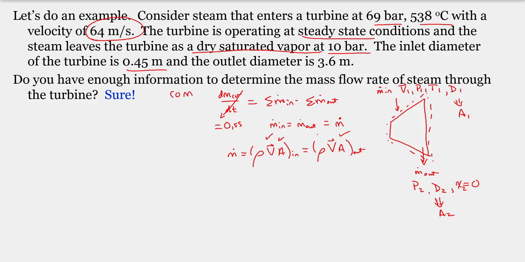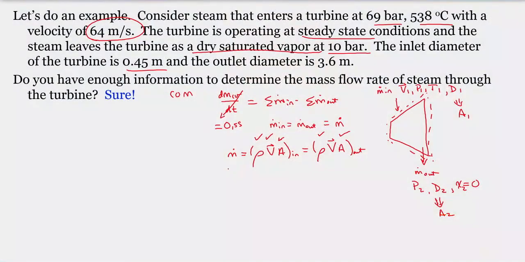So that tells me I have the density. I can get the density from state diagrams or from online calculators or from tables at both the entrance and the exit. Now, this is a guess at the entrance that it's a superheat, and that's going to be valid. But again, that's a good guess, and we'll develop that intuition as we work with these turbo machinery and these energy transfer devices.